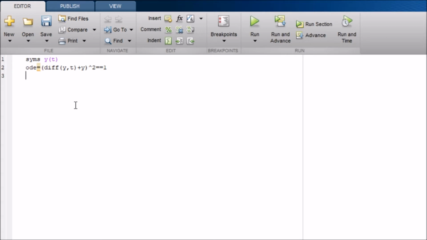In third step we apply condition, COND equal to y of 0, again double equal 0. This is the initial condition.